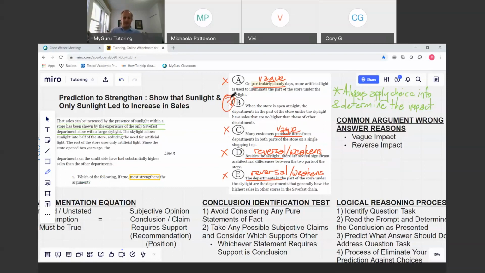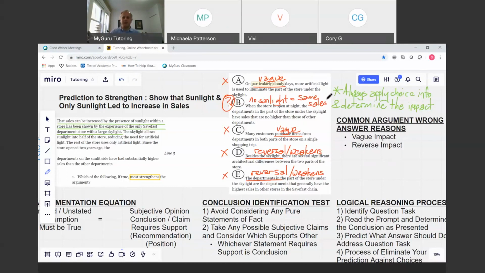When the store is open at night, the department in the part of the store under the skylight, or the departments in the part of the store under the skylight, have sales that are no higher than those of other departments. So when the store is open at night, what isn't there? That's relevant to the argument. The sunlight. So what B is saying tacitly is that if you have no sunlight, you have the same sales.